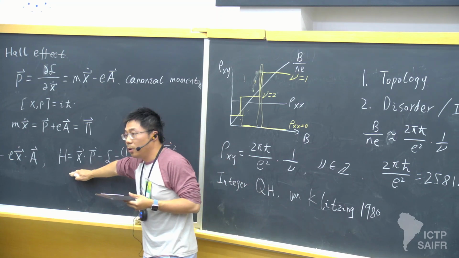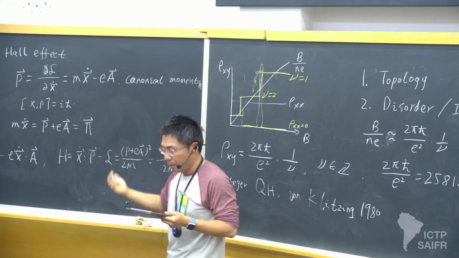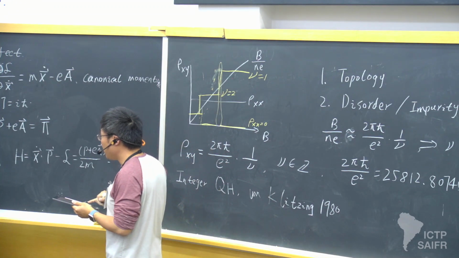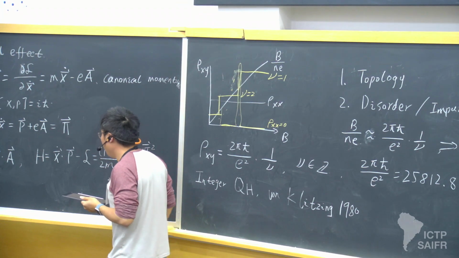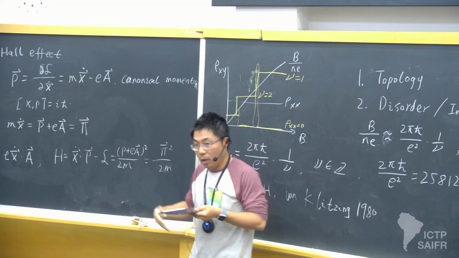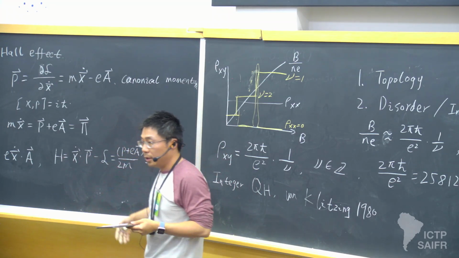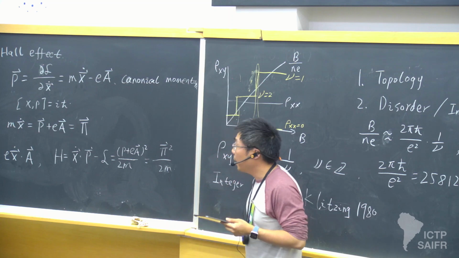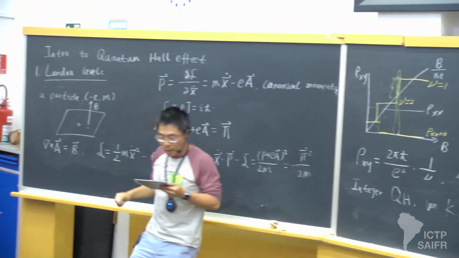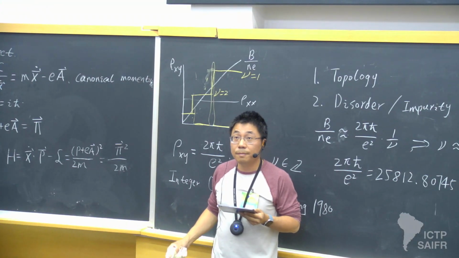That is the Hamiltonian of this system, the Hamiltonian of two-dimensional electrons moving in the presence of a magnetic field. Okay, so now we want to solve this single particle problem to see what its eigenstates look like, and what the eigenenergies look like. And its eigenstates are what we call Landau levels. Clear so far?